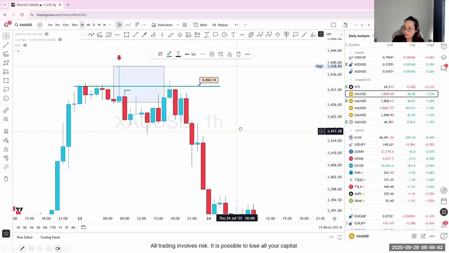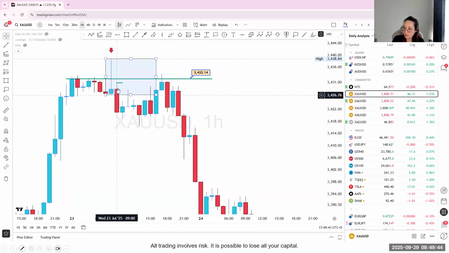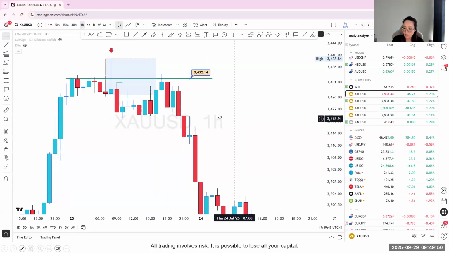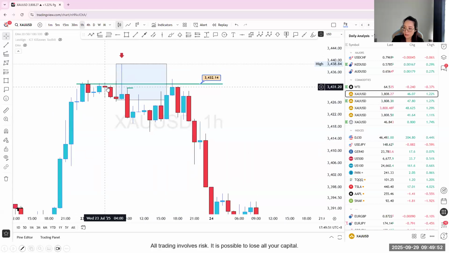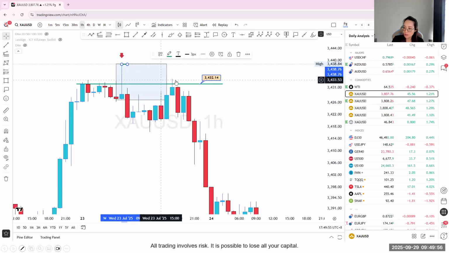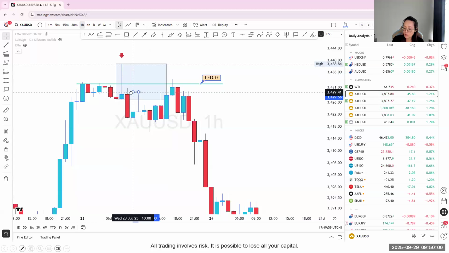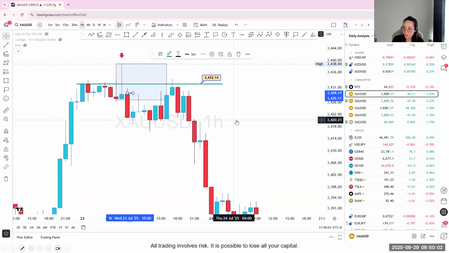Usually on H1, if you see the price action, I will aim for 100 pip for TP1. TP2 would be 150 pip in H1 time frame. But if you put a stop loss above here, even if price rises, it is not going to hit your stop loss. But usually I will just close at 100 pip for H1 price action.